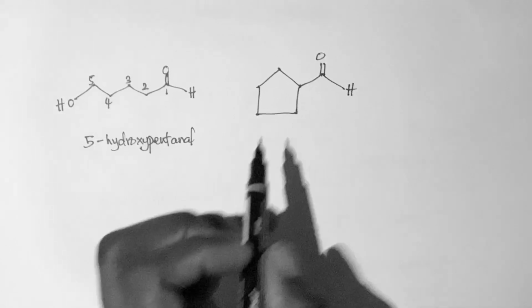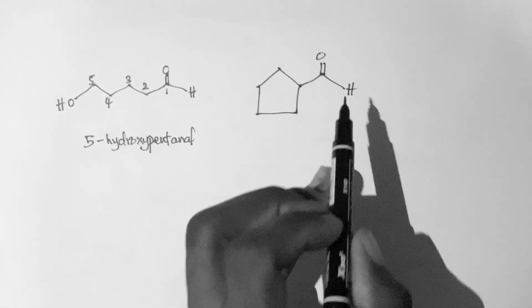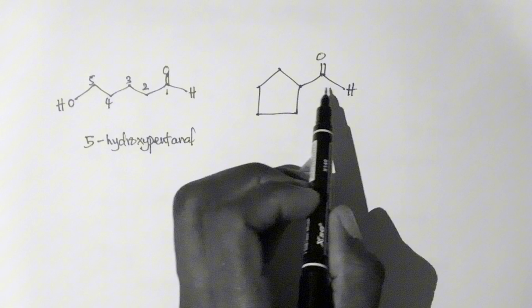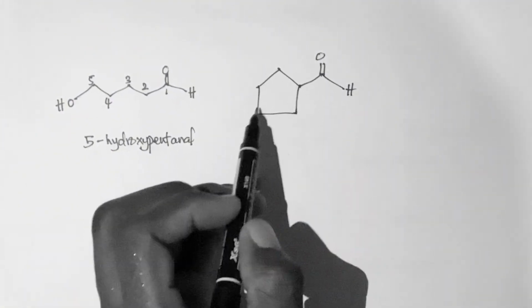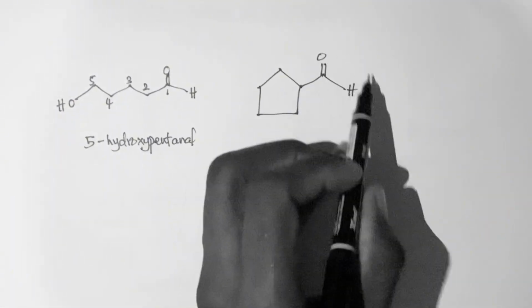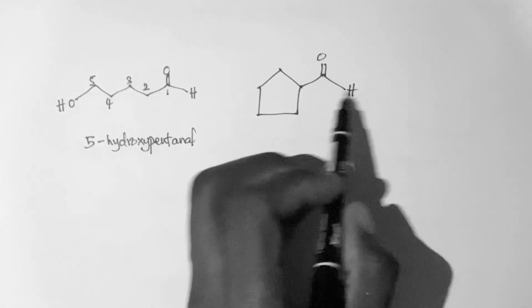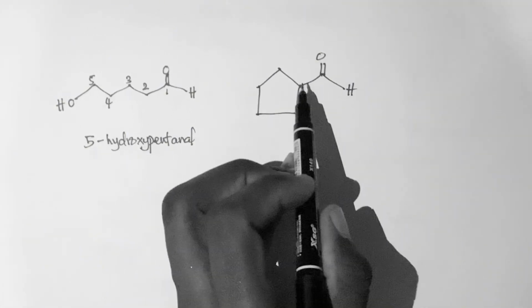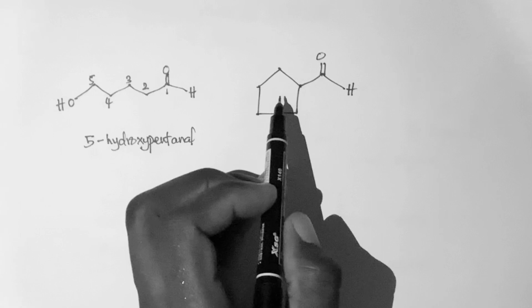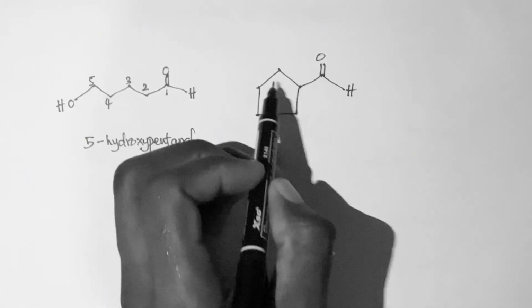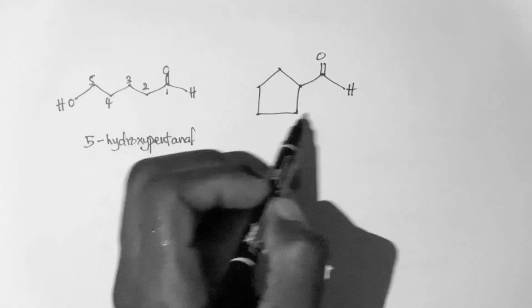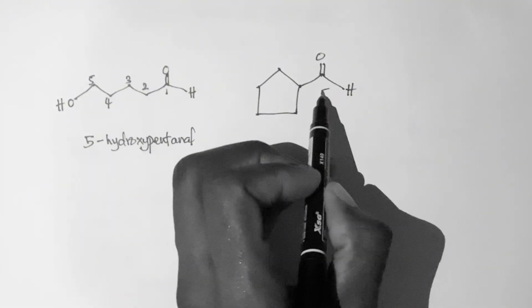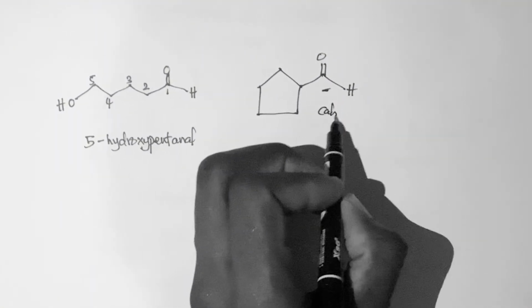Now let's talk about this case too. The difference is that in this case, you can see that we have a 5-member cyclic ring, which is attached to the aldehyde functional group. Anytime you encounter a situation like this, you name the cyclic ring differently, and then for the carbonyl functional group, you add carbaldehyde.